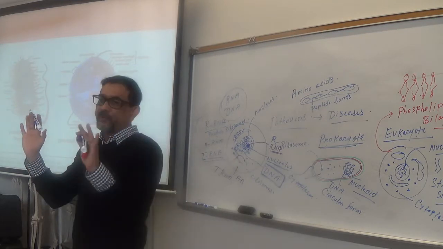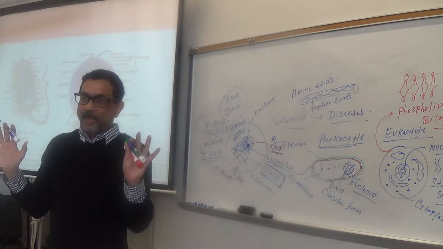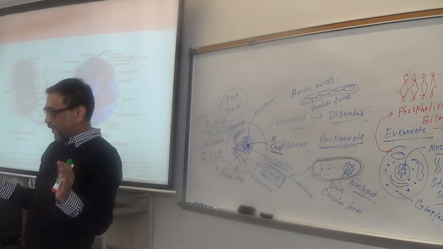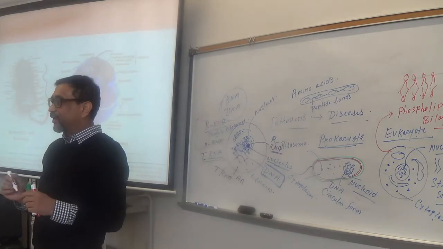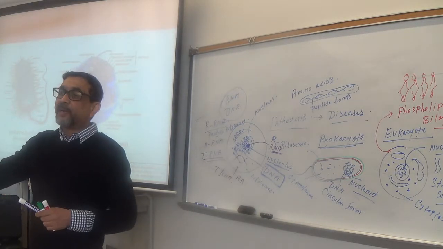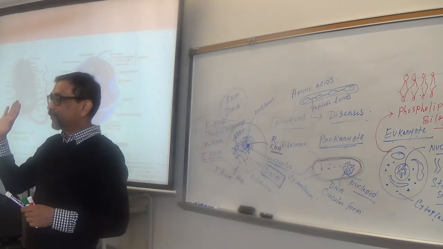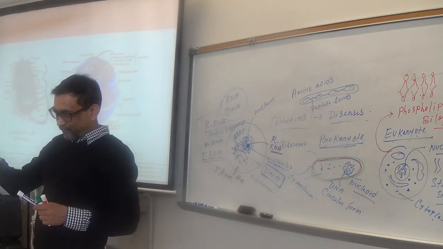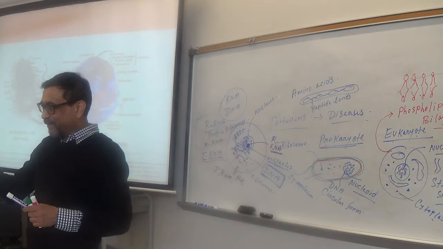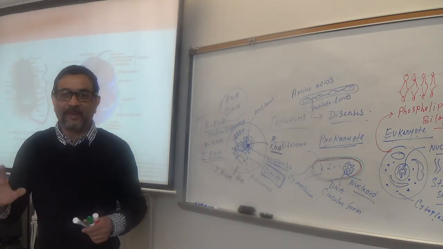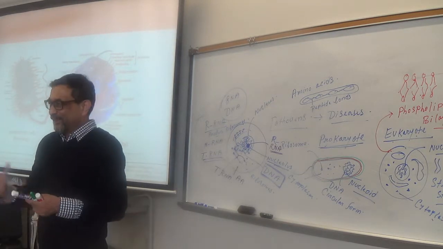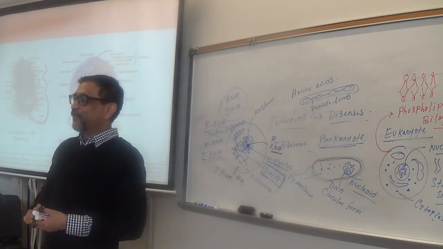So, those are three types of RNA. Make sense? And their function. Did you understand? So, if I ask you, which RNA produce ribosomes? rRNA, ribosomal RNA, okay? Its name is ribosomal RNA, produce ribosomes.